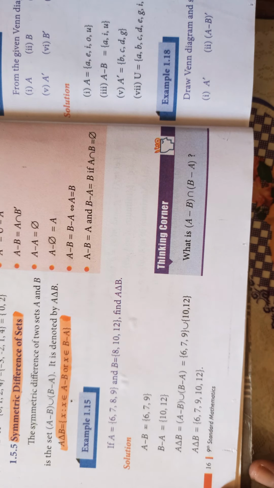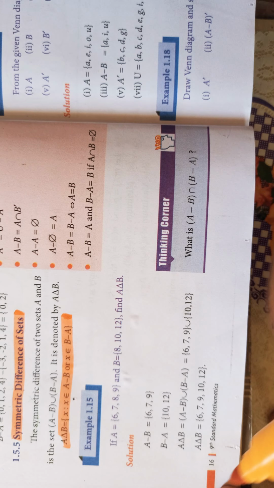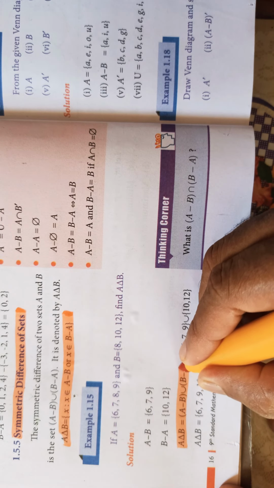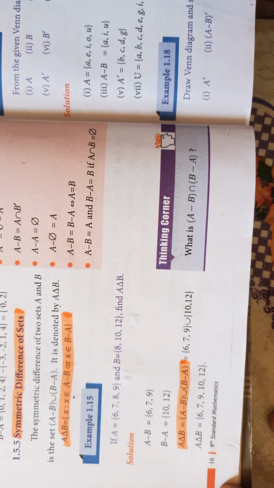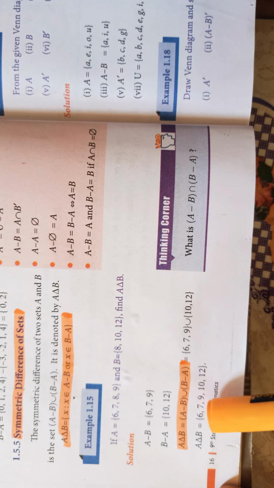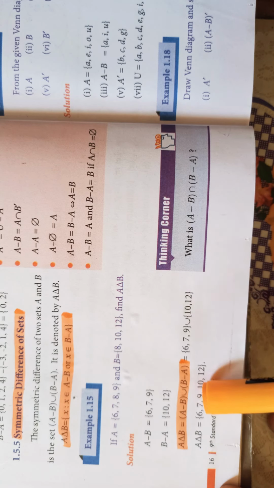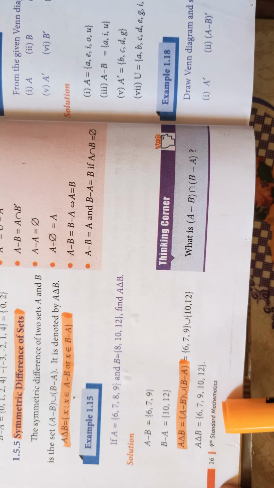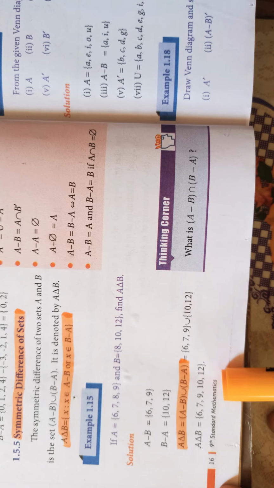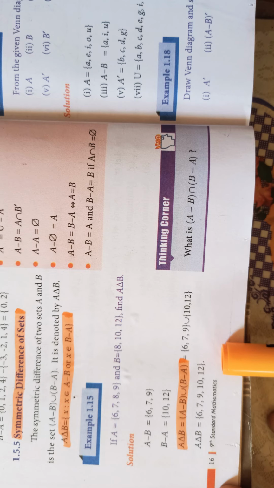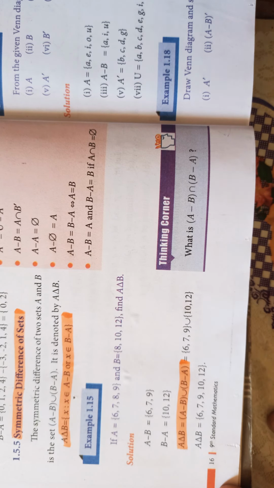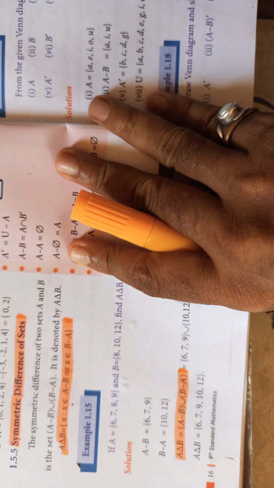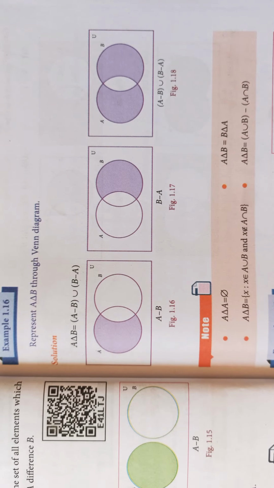The formula we use for A delta B is A delta B is equal to A minus B union B minus A. A minus B is {6, 7, 9}, union B minus A is {10, 12}, and then we find the union of it: {6, 7, 9, 10, 12}. So this is called A delta B. Next we understand this by diagram.